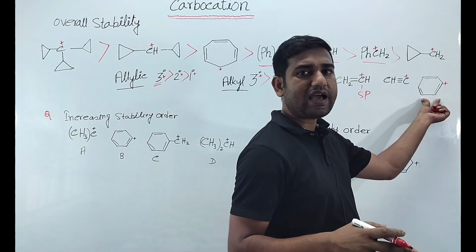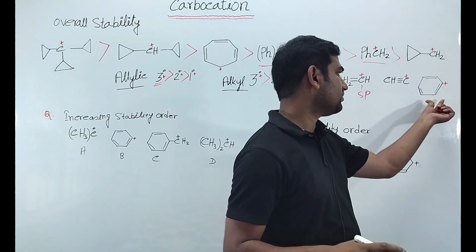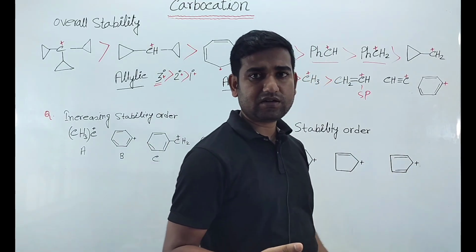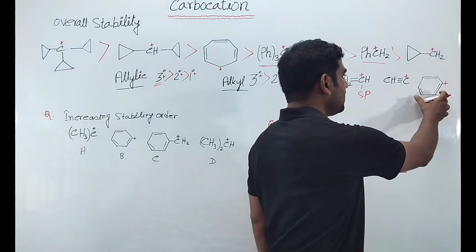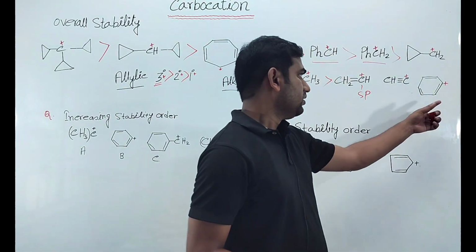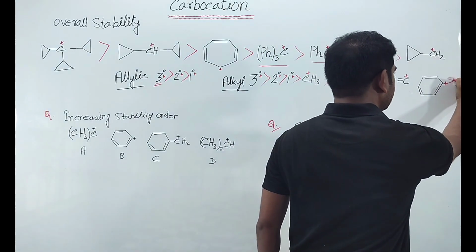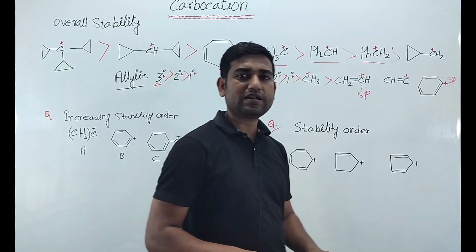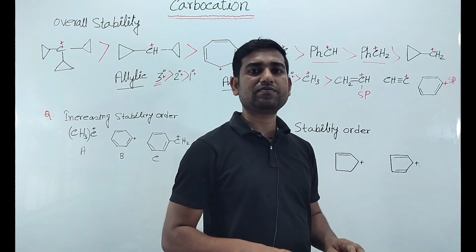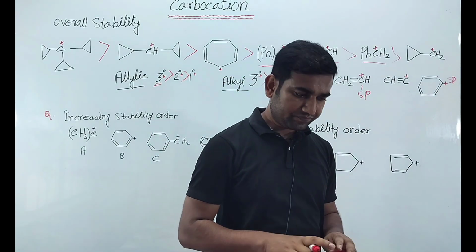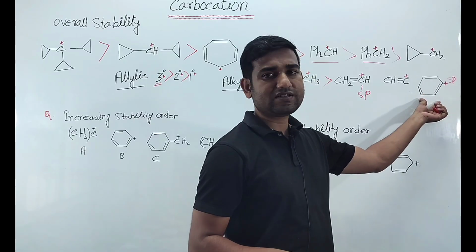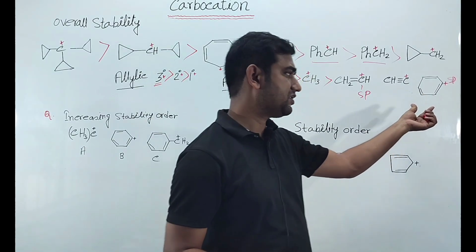Aromatic stabilization is destroyed due to the planarity of the molecule. This carbon is sp, but all the others are sp2. That's why planarity is destroyed, the aromaticity of the molecule is destroyed. That's why it is destabilized from its mother molecule.